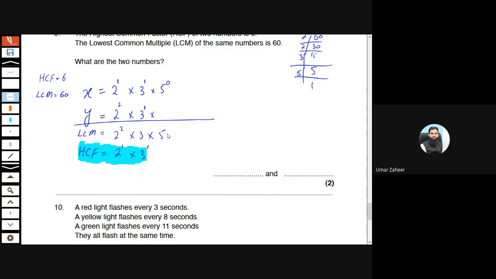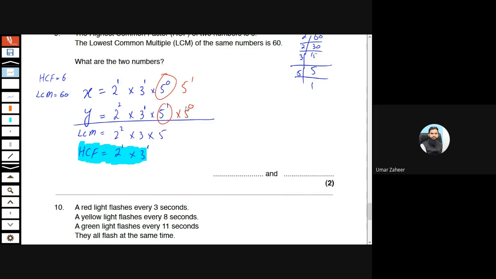Next, obviously you have a 5. If I take this one as the HCF and you have 2 multiplied by 3, obviously in the one number there is no 5, in another number there is 5. So it can be 5 raised to power 1 and 0, or if you don't write it here, it can be 5 raised to power 1 and 5 raised to power 0 like this.